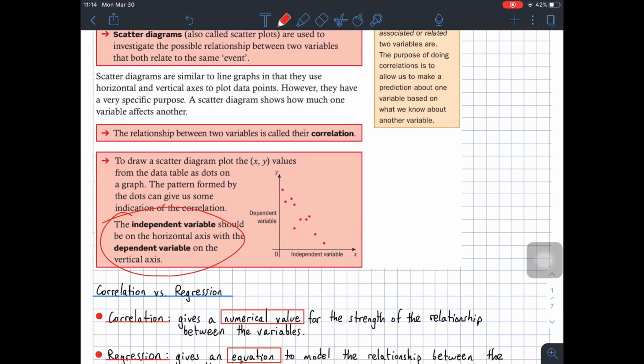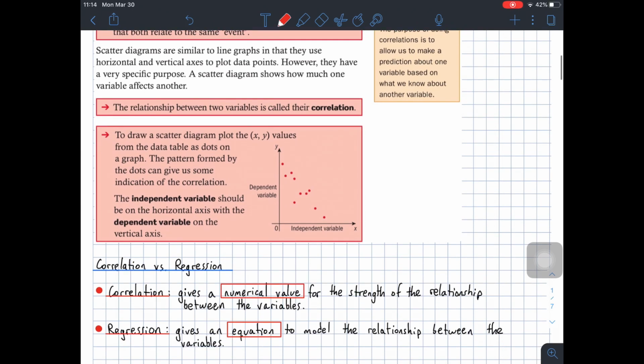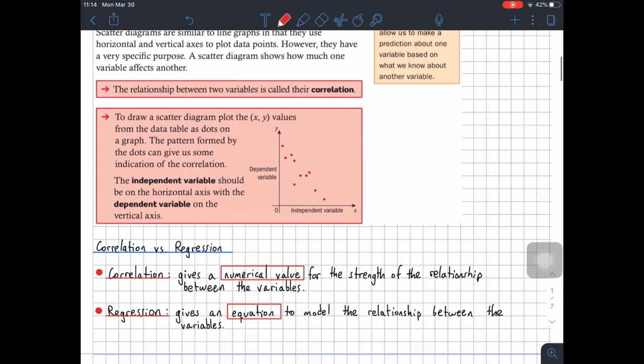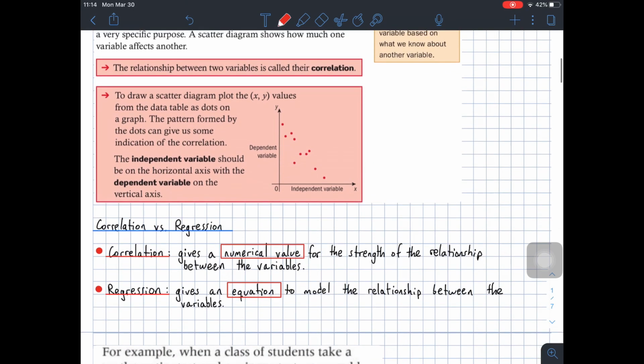In bivariate analysis, we're always going to put the independent variable on the x-axis, okay? And the dependent variable goes on the y-axis, okay? We're going to see how to identify independent and dependent variables in a while also. So this is basically how you plot a scatter diagram. We're going to do an example about that also.